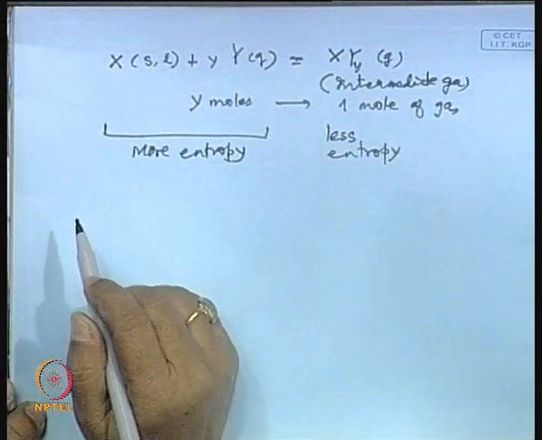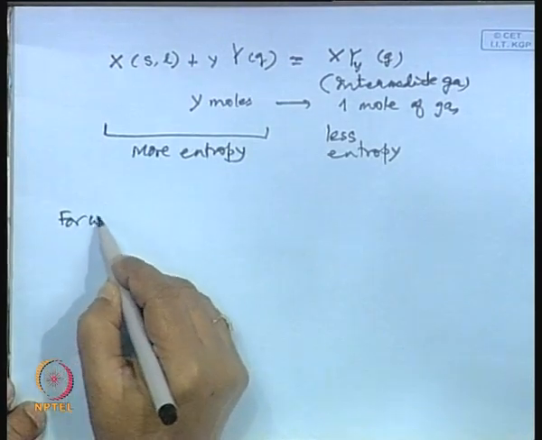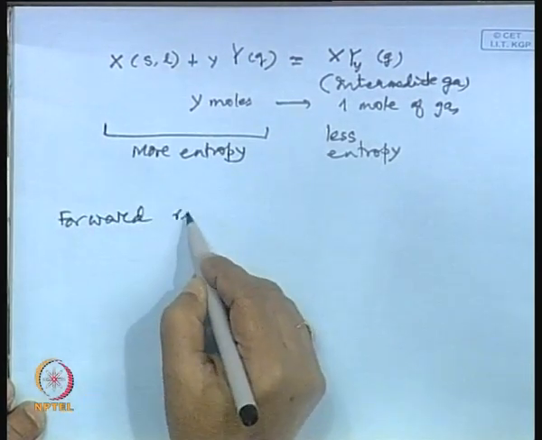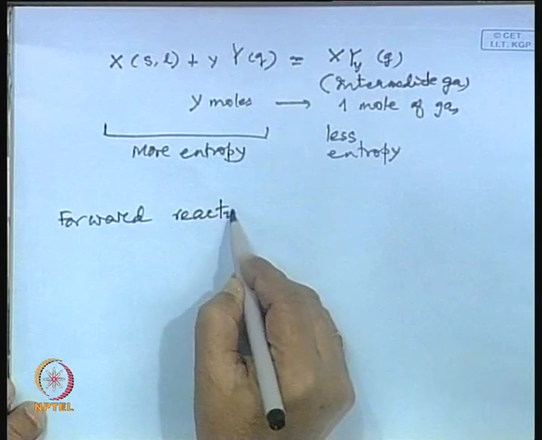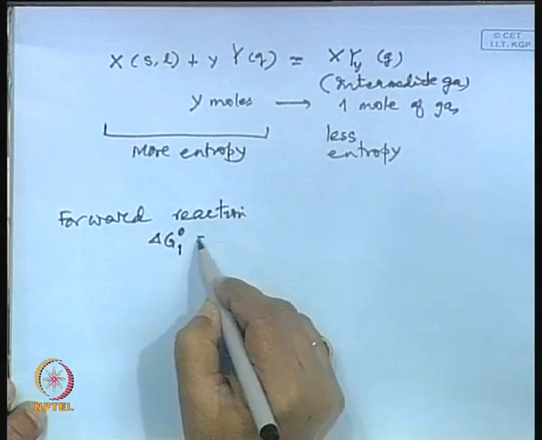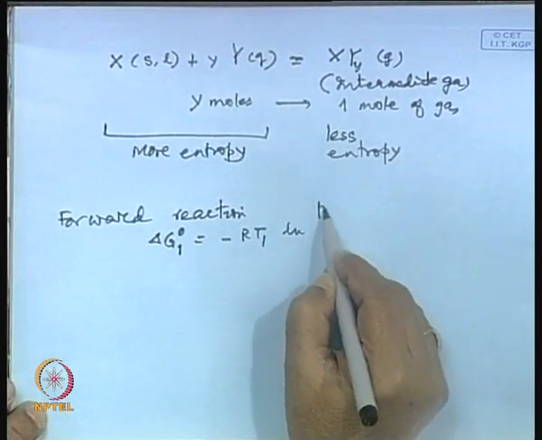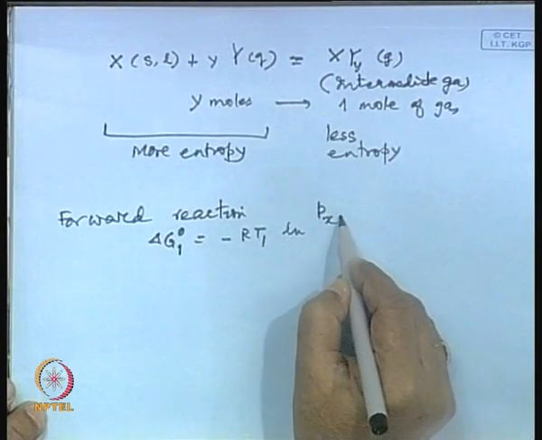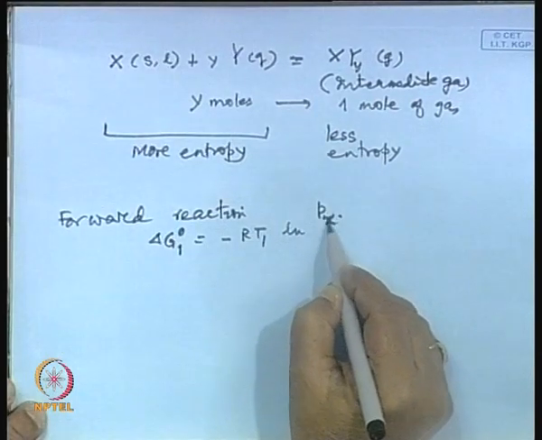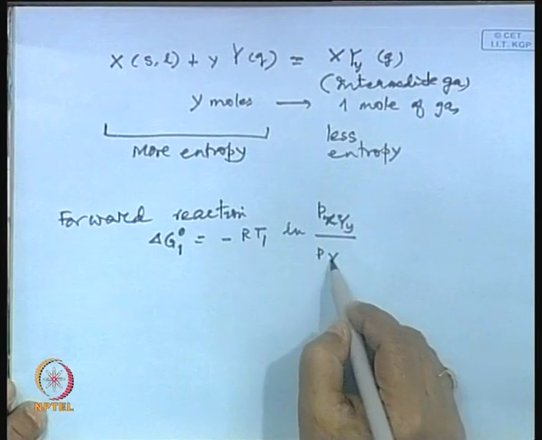Now, we can write for the forward reaction delta G naught 1 minus R T ln P x y y. We are dealing with two gaseous species.